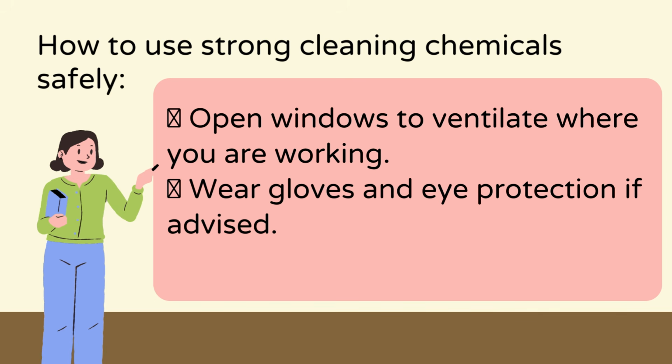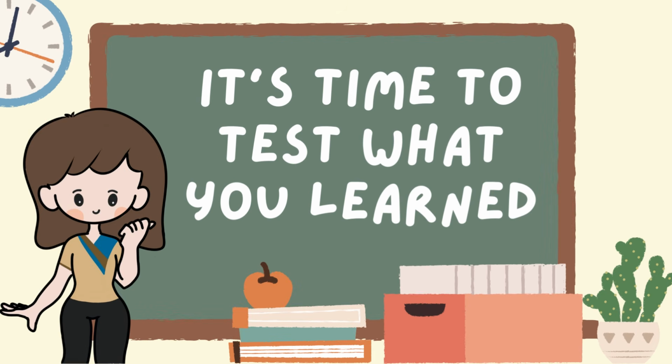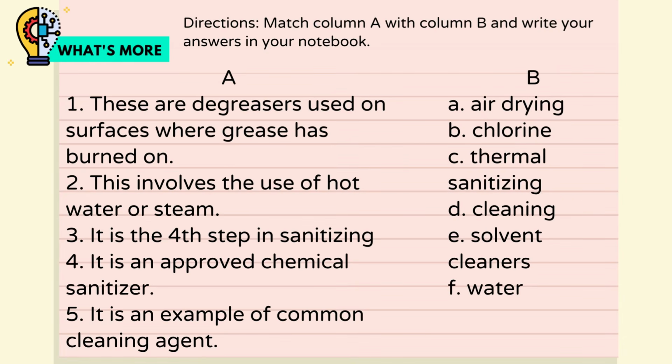Okay, that ends our topic for lesson number 4. It's time to test what you have learned. Kung kayo po ay nakinig ng mabuti, masasagutan nyo itong ating activity. Directions. Match column A with column B and write your answers in your paper.